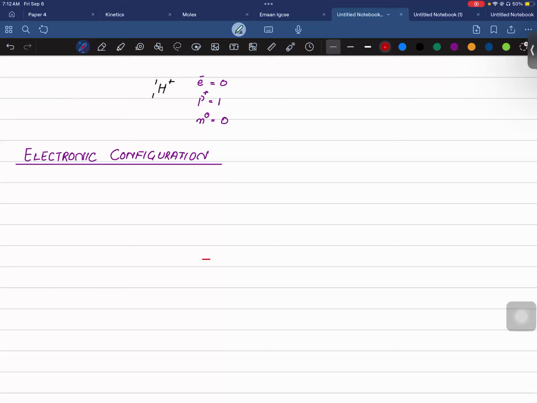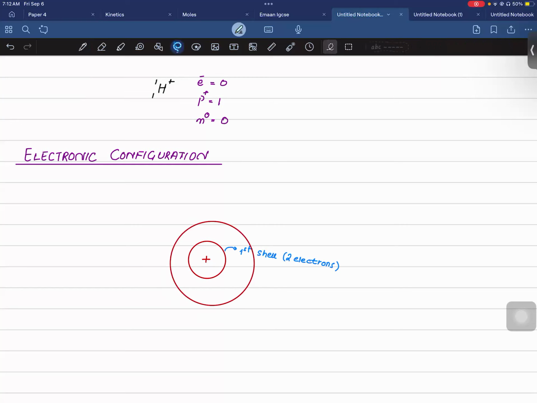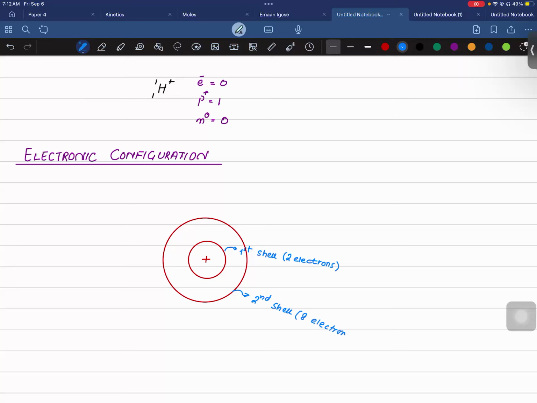This is a nucleus, and this is the first shell, in which I can have two electrons maximum. Then I have the second shell, in which I can put eight electrons maximum.